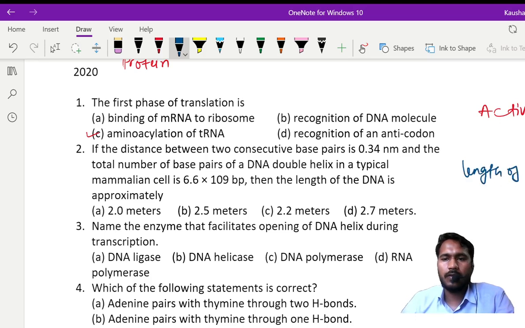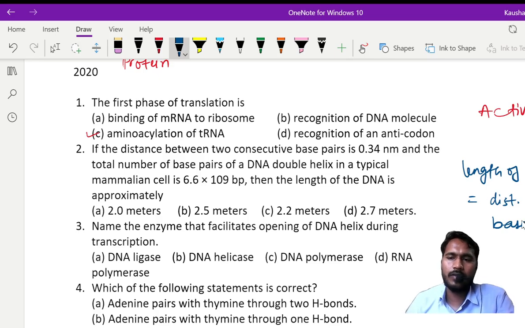Length of the DNA helix will be equal to the distance between two consecutive base pairs multiplied by the number of base pairs, which will give you the complete length of DNA.